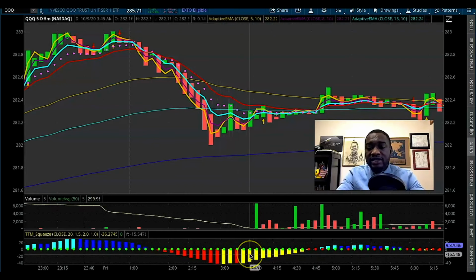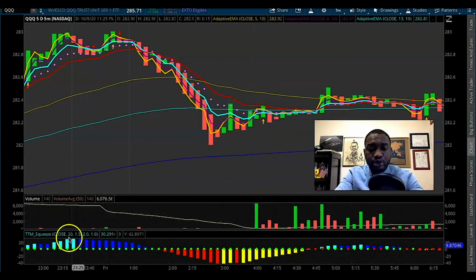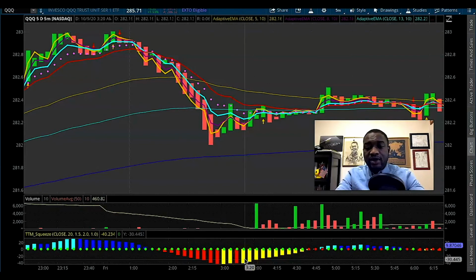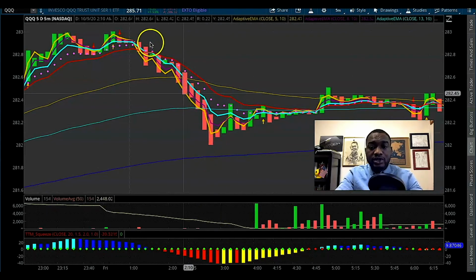So yellow and red is the same thing as dark blue, light blue and dark blue. It usually just means that, okay, most likely the trend has ended. So you can either get out of the trade or still stay in the trade. It's up to you at that point.